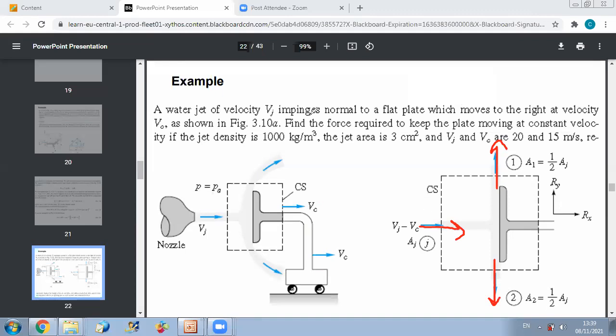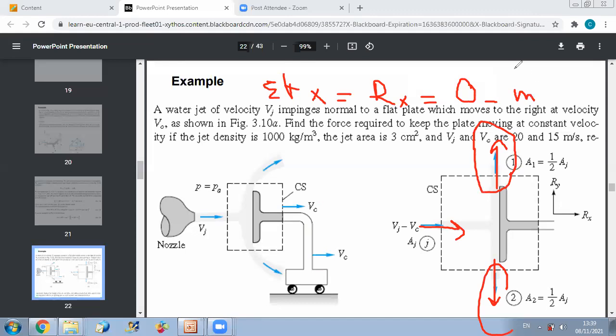You directly get that the sum of forces along x equals the reaction Rx, which should be equal to, for the outlet fluxes, no velocities along x, so 0, minus m dot in times the relative velocity at the inlet, Vj minus Vc. Since you have a minus before it, it's m dot in times Vc minus Vj, which is the same result we got with the absolute velocity.